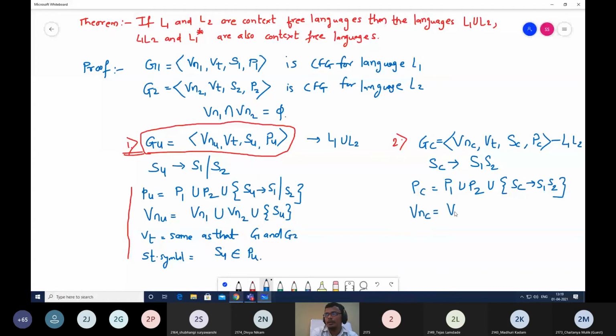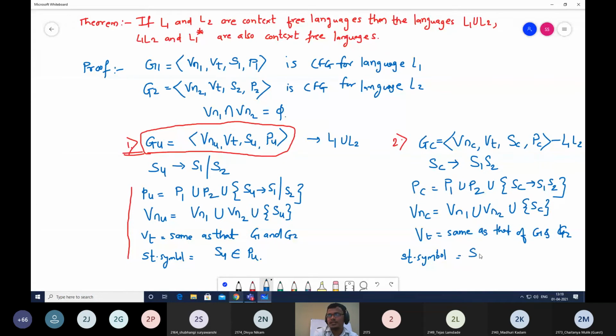It will be all the non-terminals from the first grammar, all the non-terminals from the second, and the additional non-terminal that we have taken for our concatenation, that is SC. What will be our terminal symbol? It is the same as that of grammars G1 and G2.